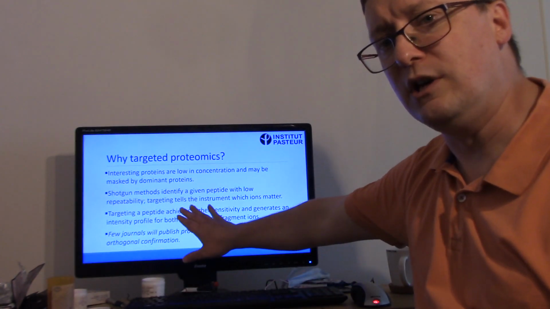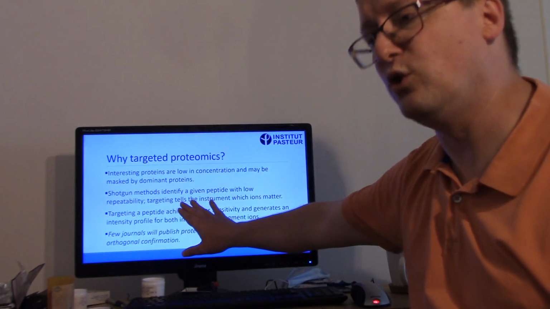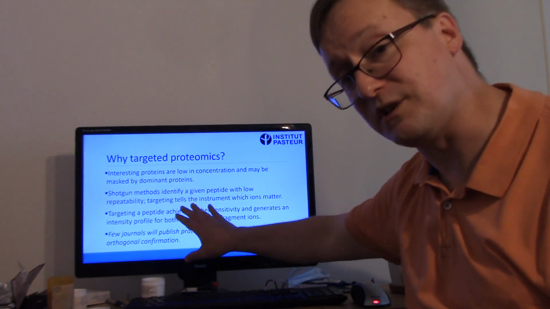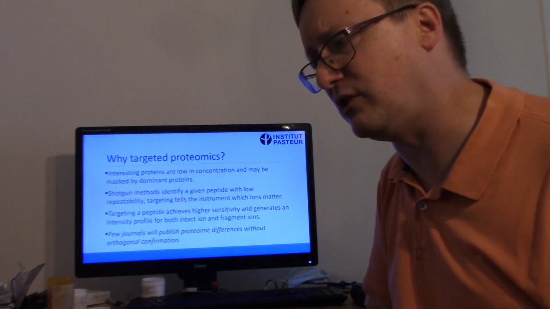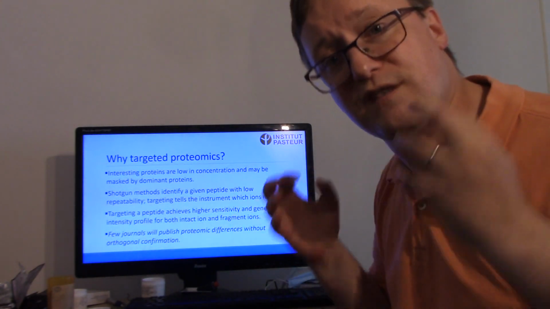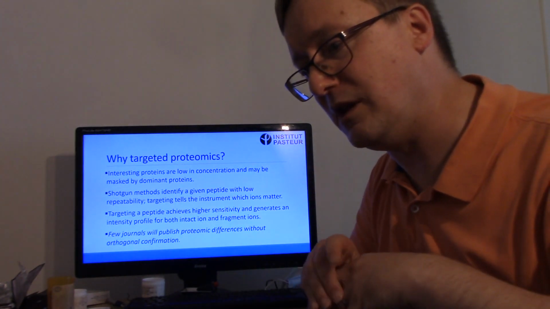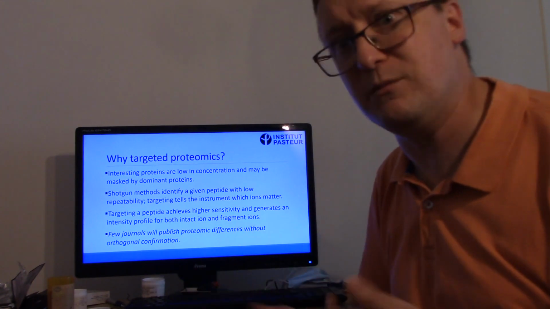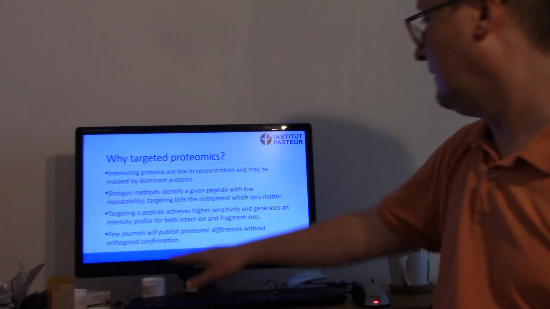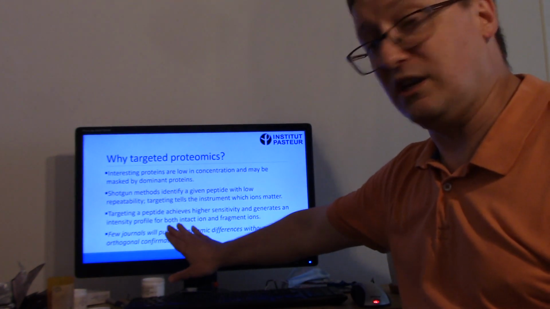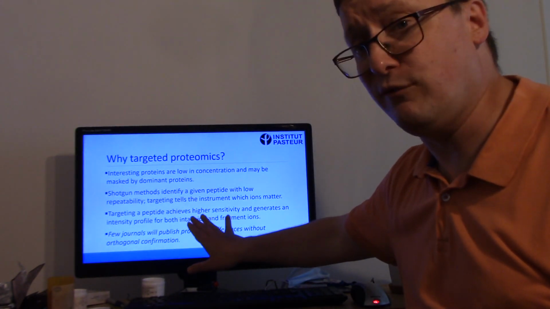Targeting, however, tells the mass spec instrument which peptides are of interest. As a result, it's not spending all of its time collecting tandem mass spectra of just anything. Instead, it's focusing the instrument cycle time on just the peptides you find interesting. So to do this gives us much better sensitivity for them.